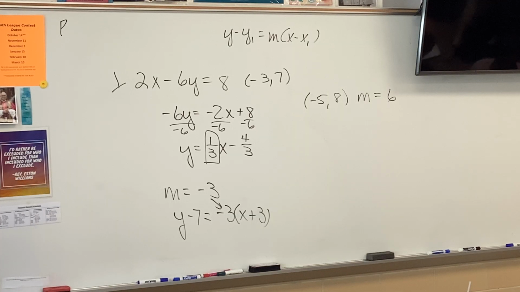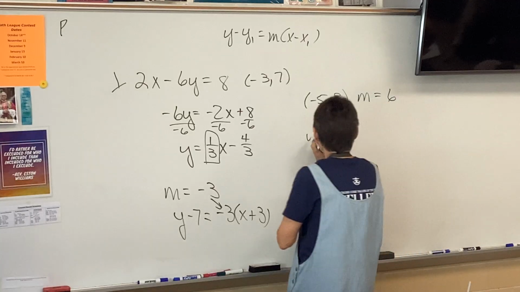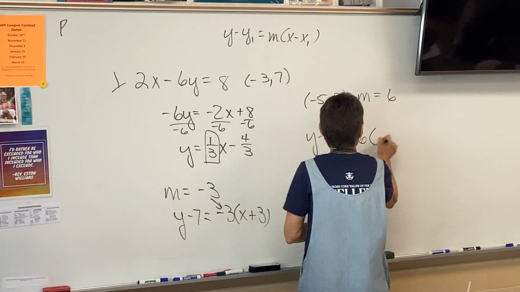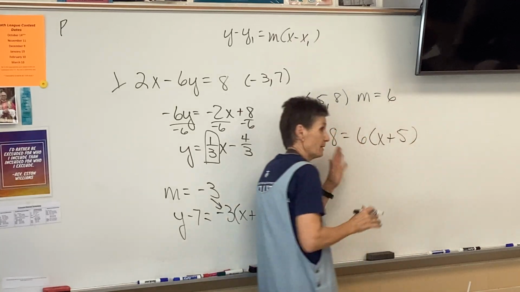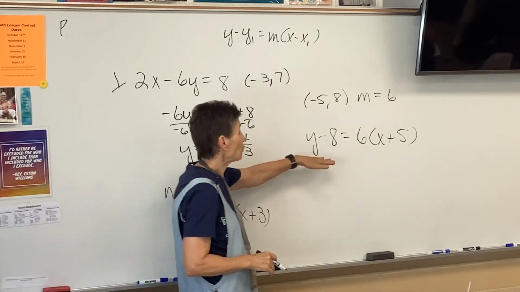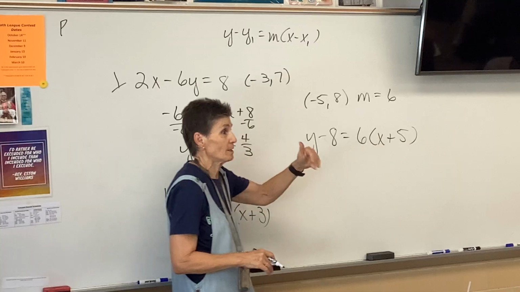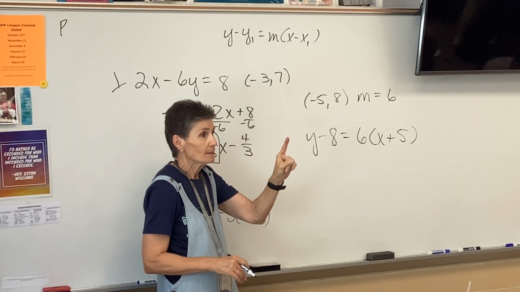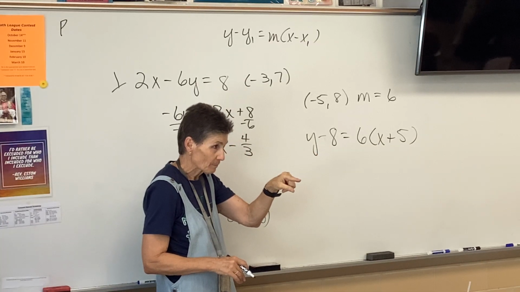I have limited brain space, so I'm going to do this. I'm not learning a new method. I'm going to do it exactly the same way. So I'm going to say y minus 8 equals 6, x plus 5. That literally takes 5 seconds. That would be the answer to the question if I wanted point slope.